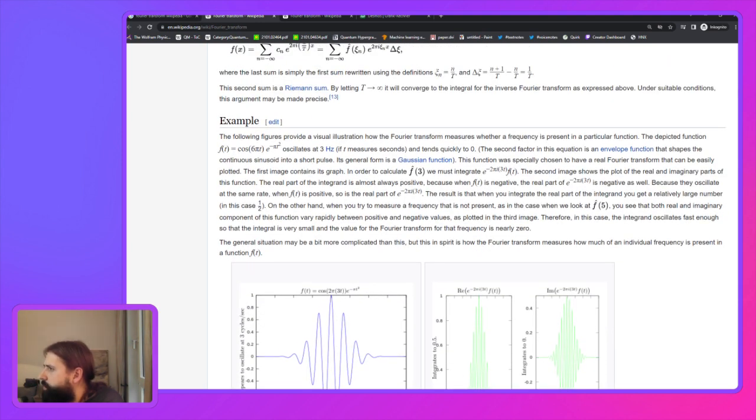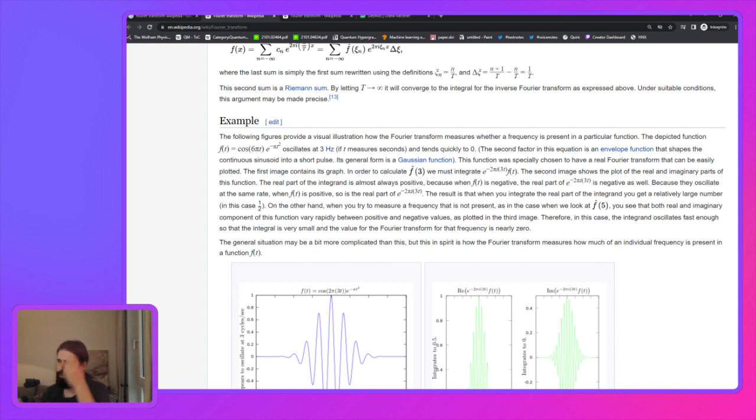The second factor in this equation is an envelope function that shapes the continuous sinusoid into short pulses. Its general form is a Gaussian function. This function was specially chosen to have a real Fourier transform that can be easily plotted. The first image contains its graph.